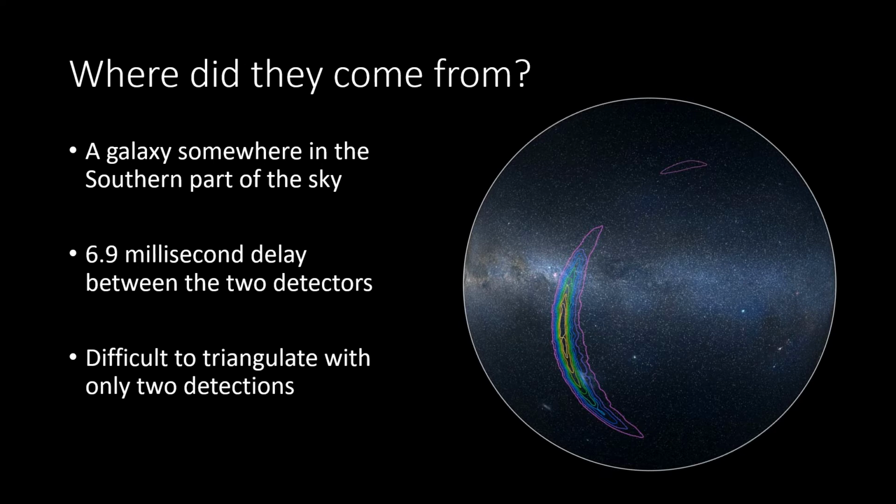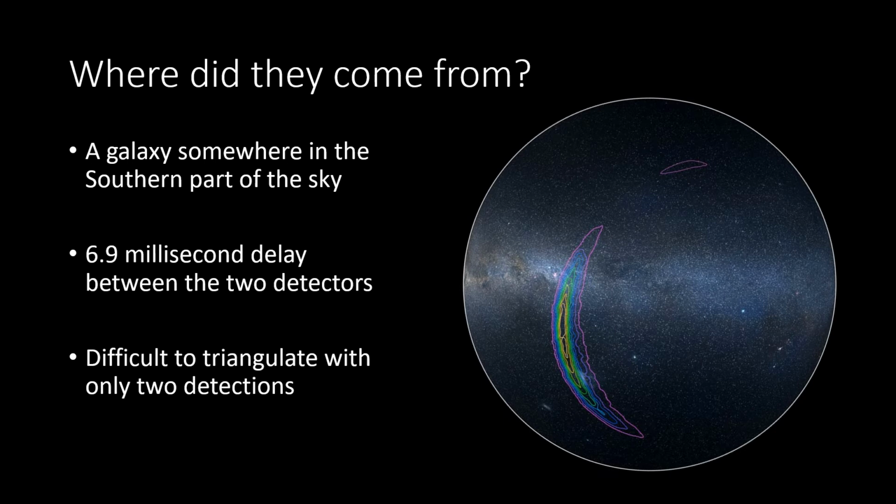So with only two detectors, the two LIGO detectors, it's tricky to triangulate. You really need 3 detectors, if not more. So the best that they could do is essentially create a swath of the sky where they would say, okay, somewhere within this region is where that black hole collision occurred.